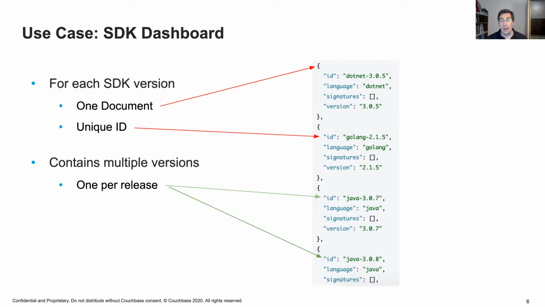And this is a way I'm able to locate it very quickly, as we'll see in a bit. And there is more than one document, of course, right? So for example, at the bottom of the screen, you see Java has two documents in here, one for 3.08 and one for 3.07, which will be important in a second. So that's our very simplistic data model that we'll work with here.